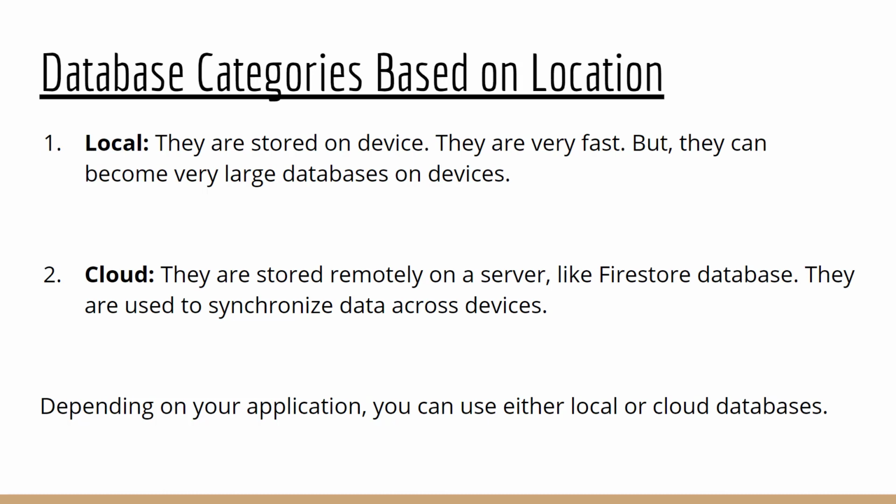They are used to synchronize data across devices. So if you need to use a database to synchronize settings or files across devices, you have to use the cloud database. And it depends on your application which one you have to use.